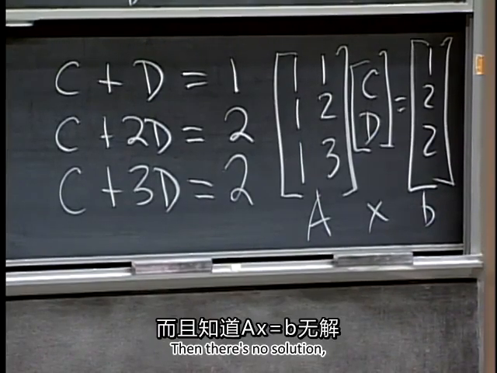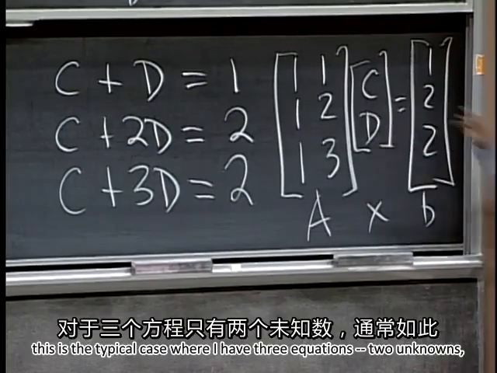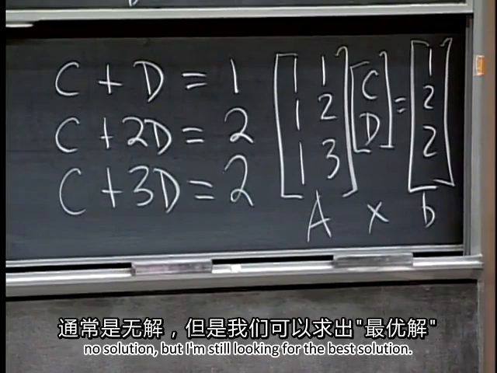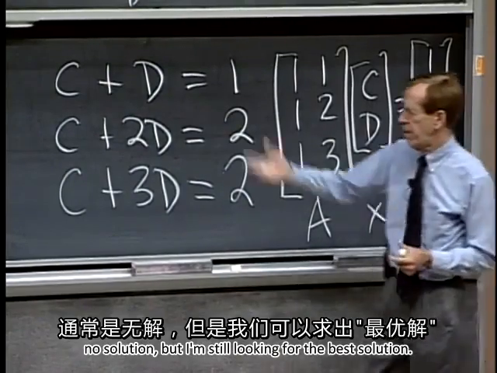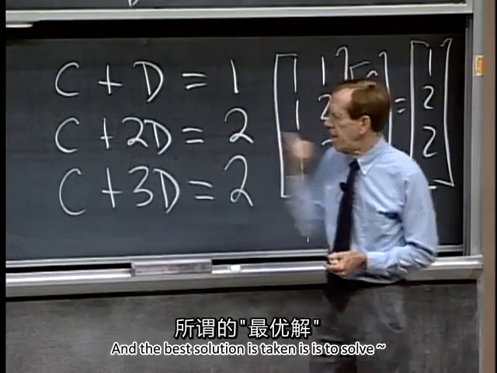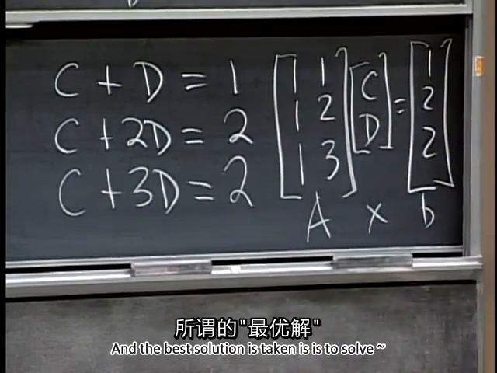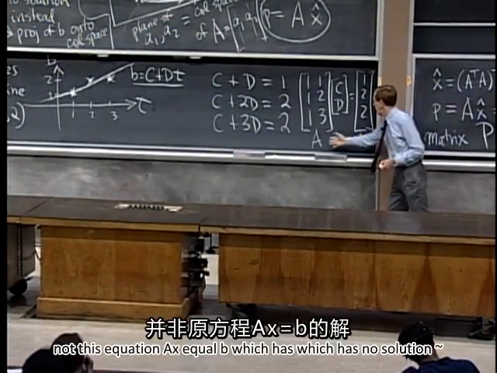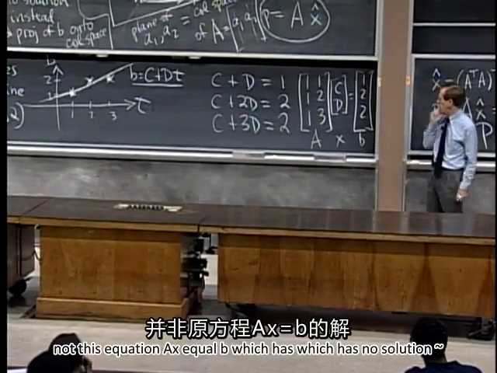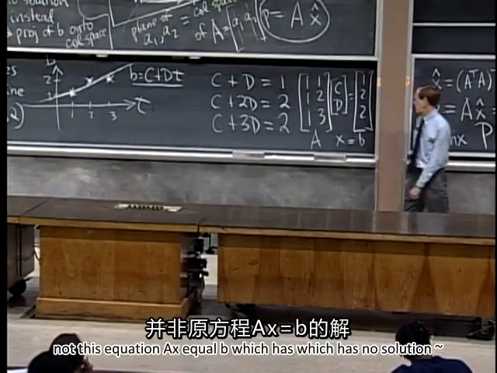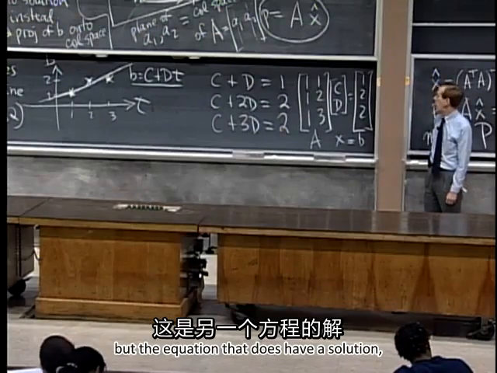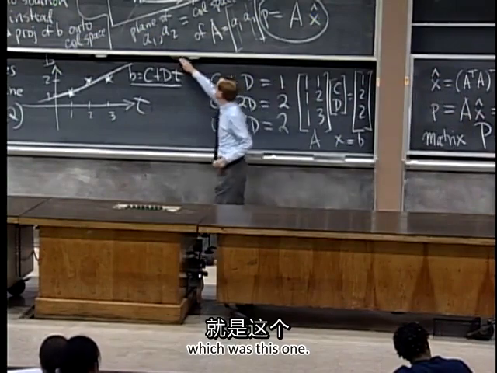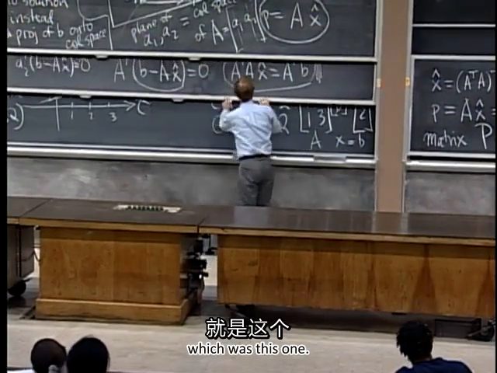Then, there's no solution. This is the typical case where I have 3 equations, 2 unknowns, no solution. But I'm still looking for the best solution. And the best solution is to solve not this equation AX equal B, which has no solution, but the equation that does have a solution, which was this one.